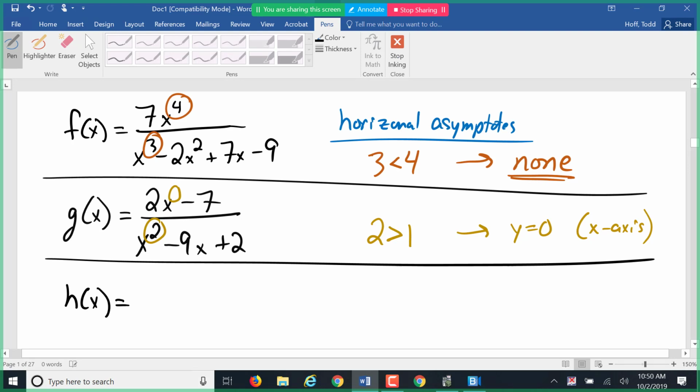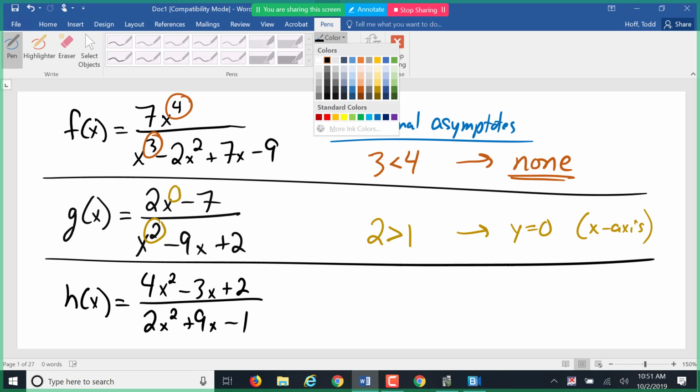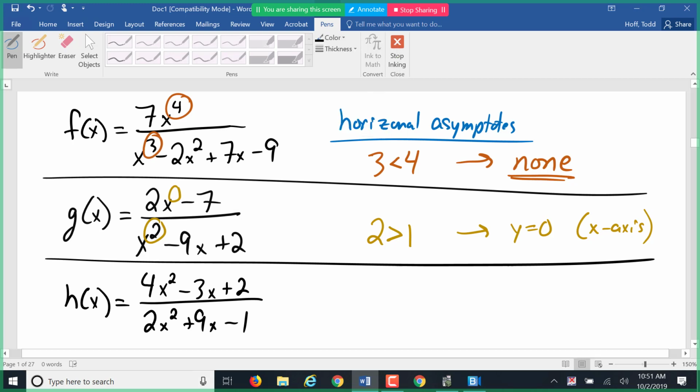H of x equals 4x squared minus 3x plus 2 over 2x squared plus 9x minus 1. Here, we have a degree in the numerator of 2, a degree in the denominator of 2.